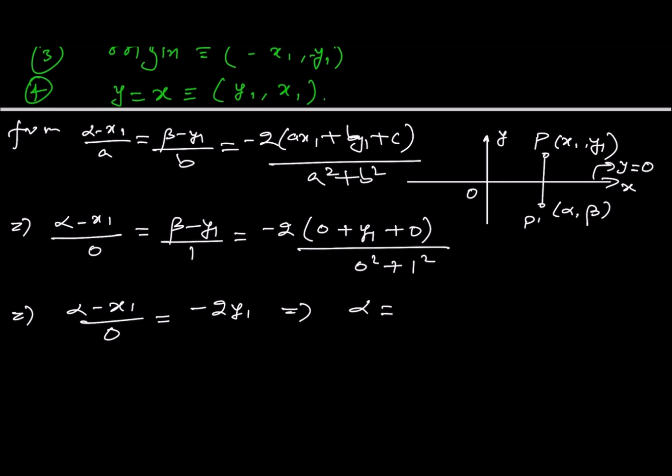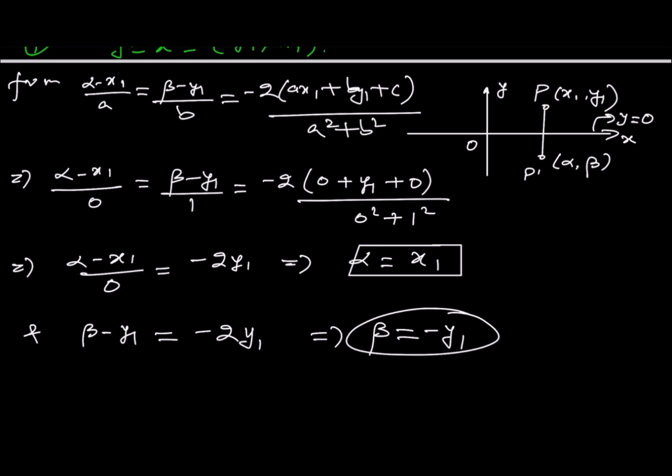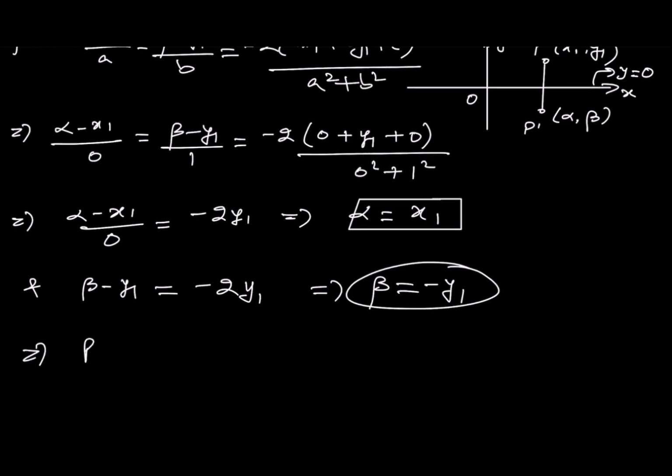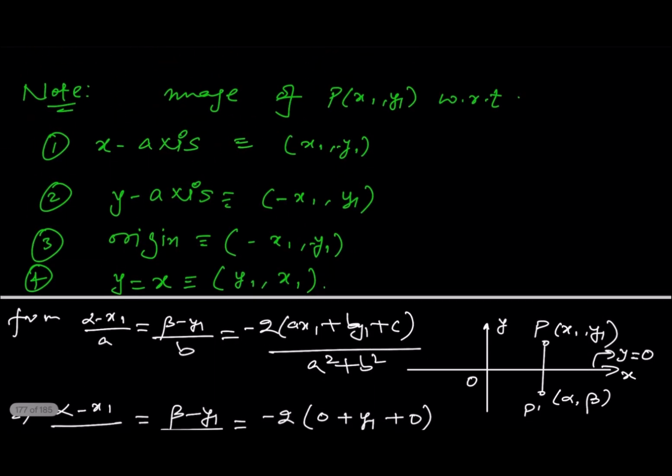So alpha is what? x1. After cross multiplying by 0, the right-hand side will become 0. So alpha is x1 and beta - y1 = -2y1, so beta is equal to -y1. Therefore P' will be (x1, -y1). Similarly, we can prove for all other three cases.